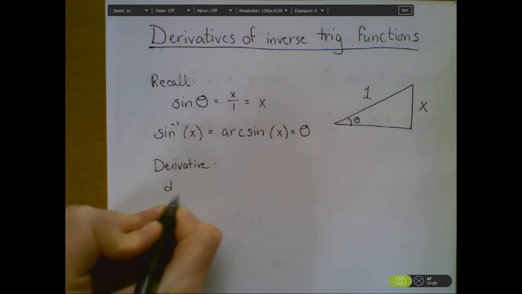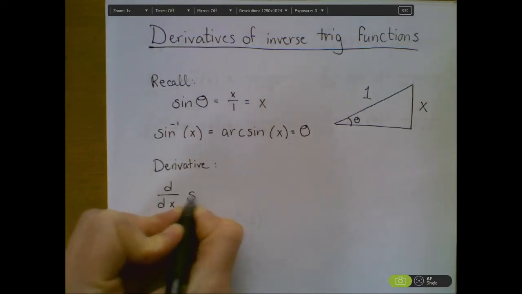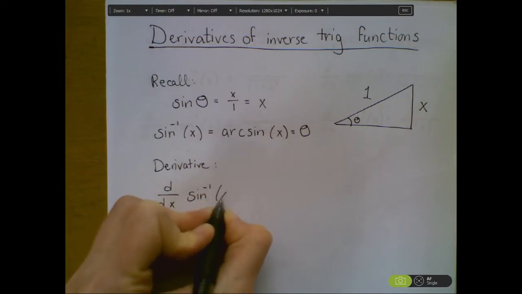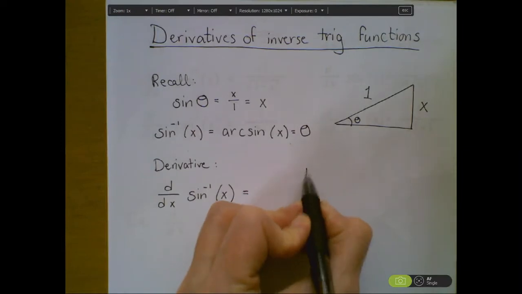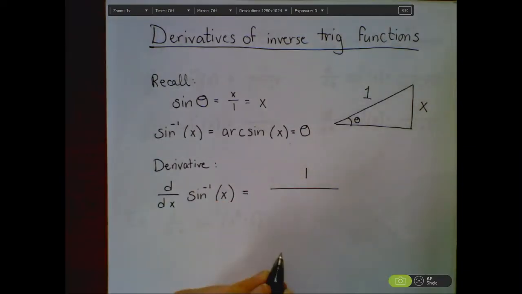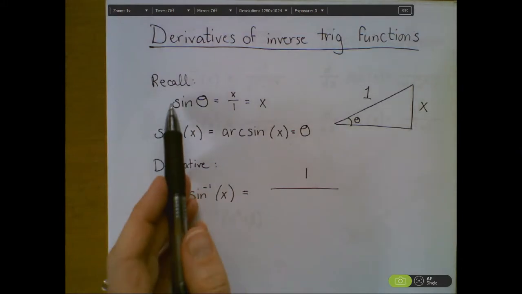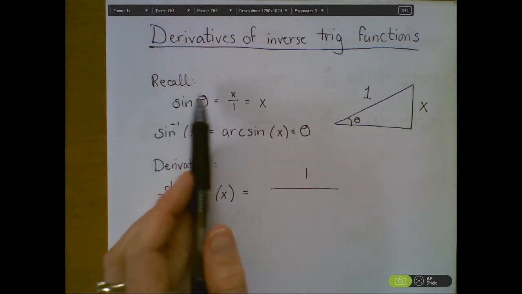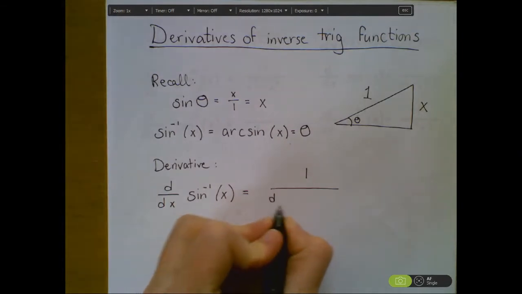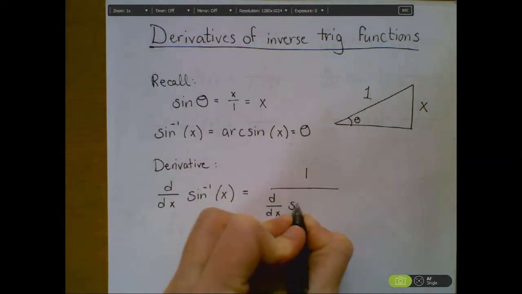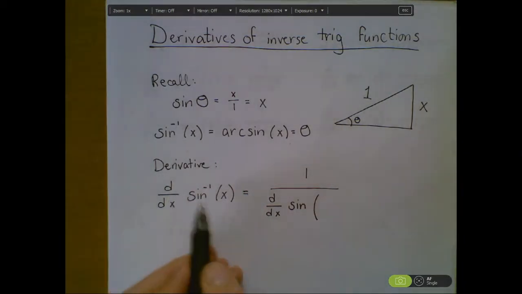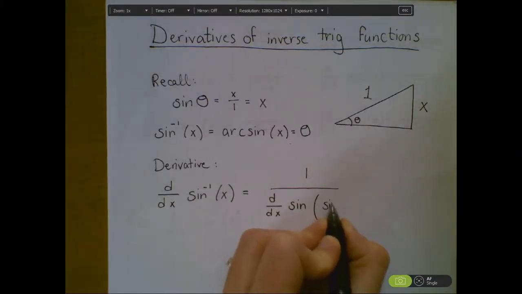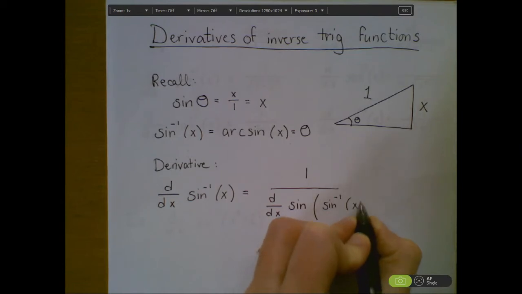So I want to know what is the derivative of the inverse sine function, sine inverse of x. Well, we've already talked about a formula for this, that the derivative of this function is going to be 1 over the derivative of the original function, d dx of sine, evaluated at this inverse function, sine inverse of x.